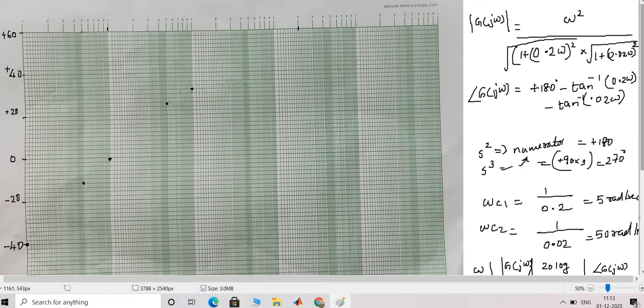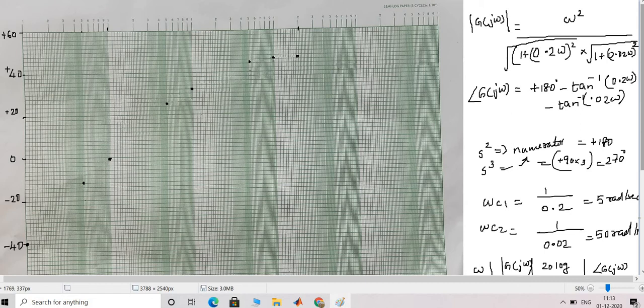And when the frequency is 50, the value is 45 decibels, so it will be approximately here. Corresponding to 100, the value is 47, also approximately here. And corresponding to 200 also, there is not much change in the value.